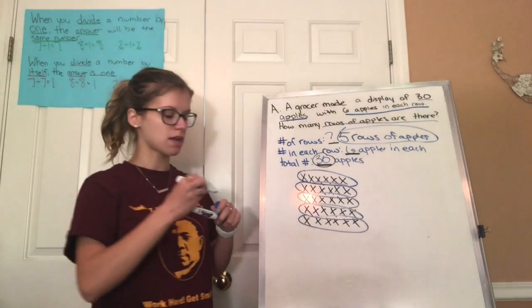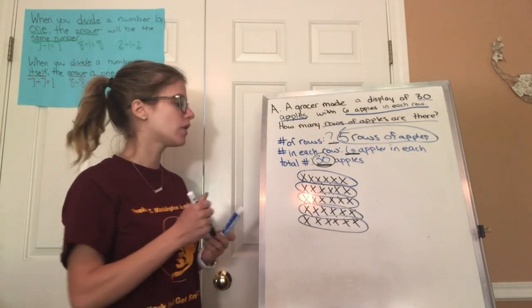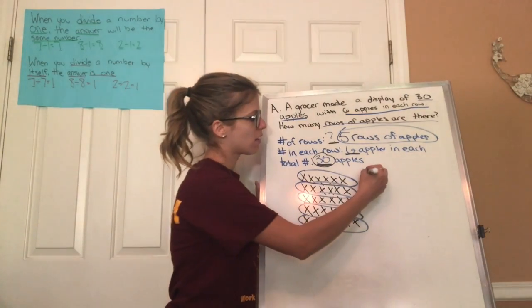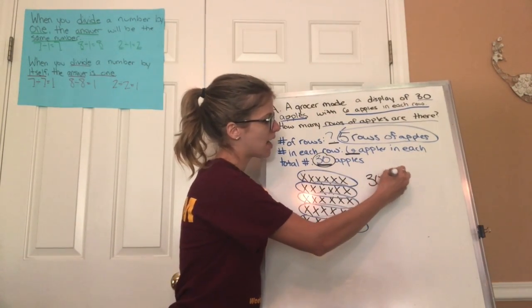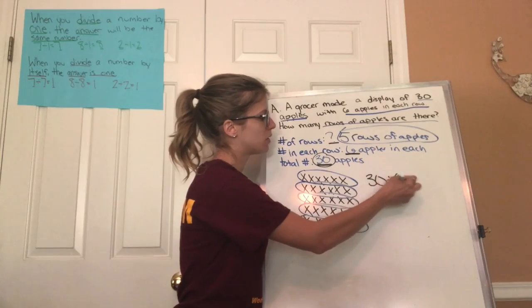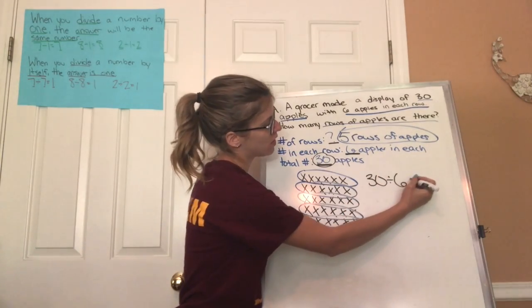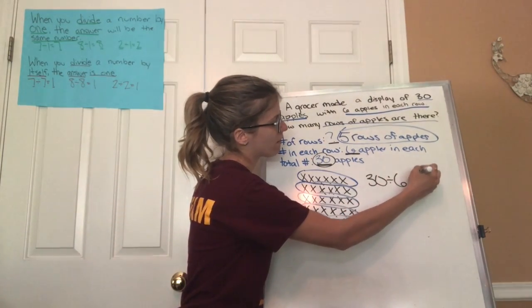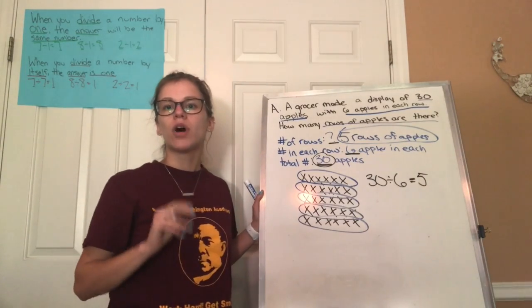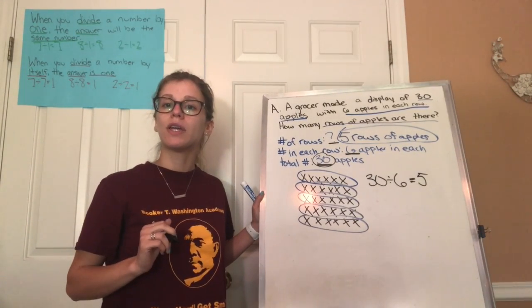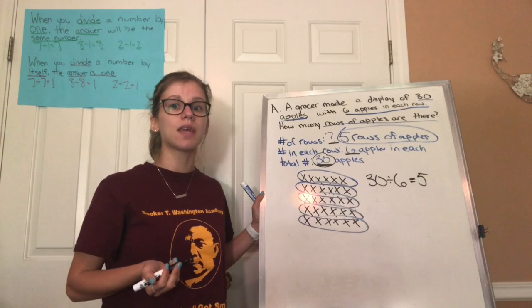And what we just did, we didn't write an equation, but we figured out that if I took 30 apples and broke it up into groups of 6, or 6 in each row, I would get 5 rows. Pause me and think about a multiplication equation that can be used to represent this same problem.